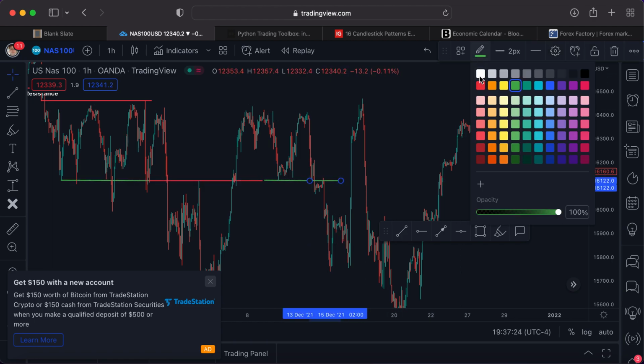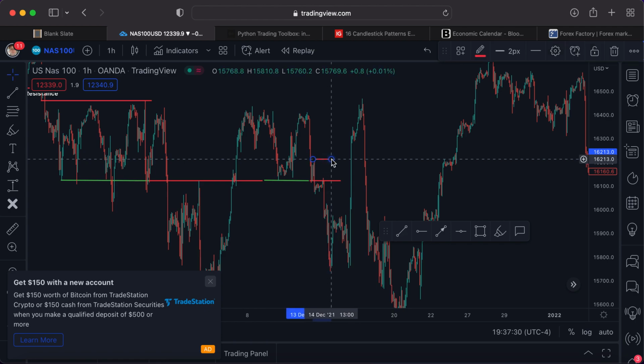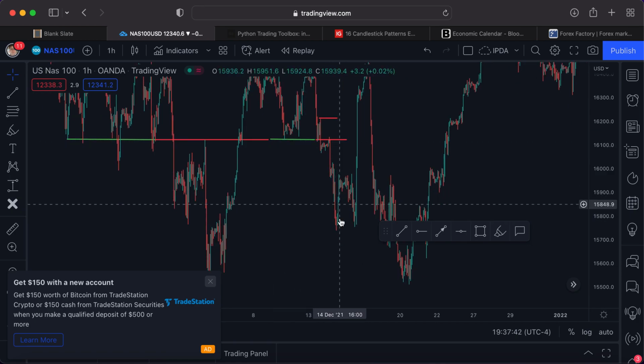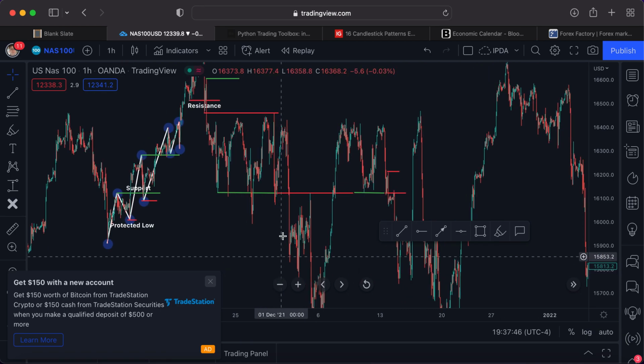So you can see that even lines up with its protected high here, right? So that resistance was in line with an overall market narrative, and that would have been a nice play right there, price action wise, and that's why the market had such a sharp reaction there. And yeah, that's support resistance.